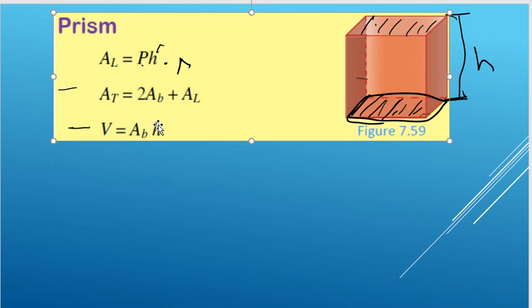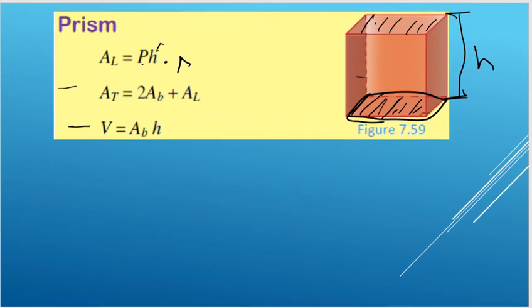If the base is a triangle, it can have 3 lateral faces, and if the base is a rectangle, it will have 4 lateral faces. But the base will be taken by choosing any face, and the other side has to be the same face. So in this manner, you can calculate area lateral, area total, and volume of a prism.